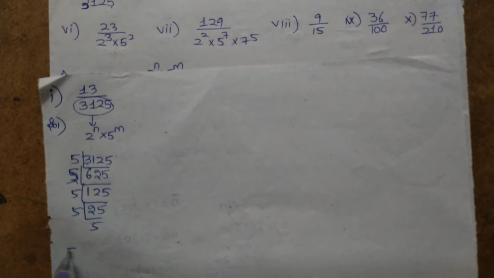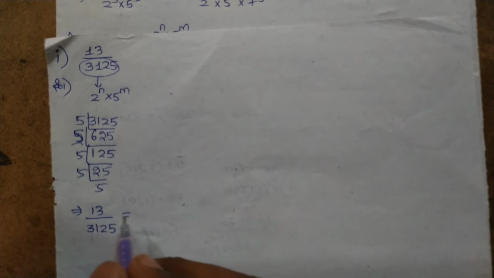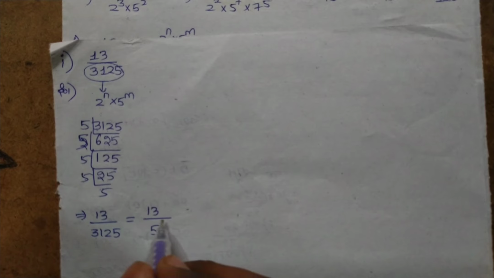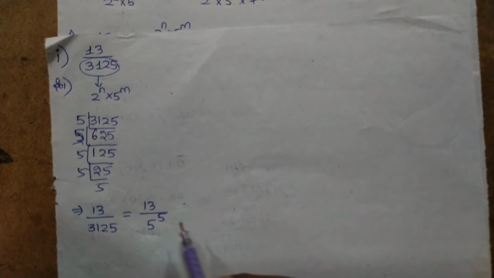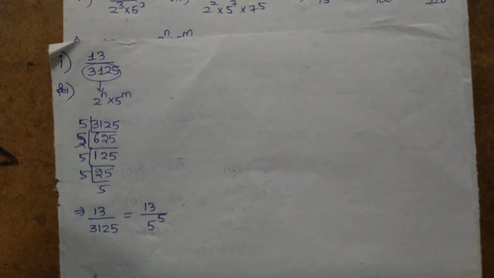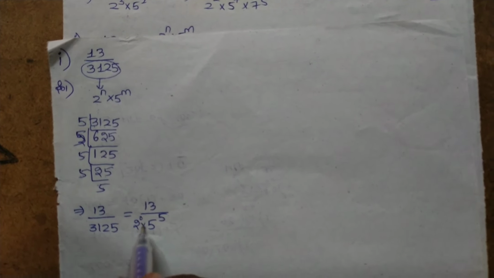Therefore 13 by 3125 we can write as 13 by 5 power 5. That means this can be written as 2 power 0 into 5 power 5.